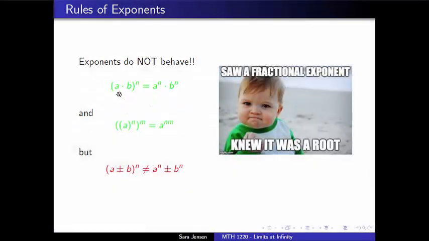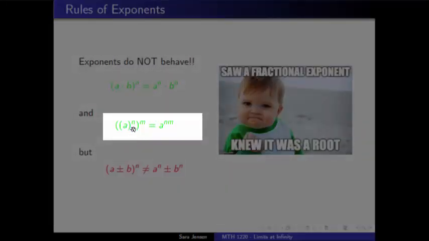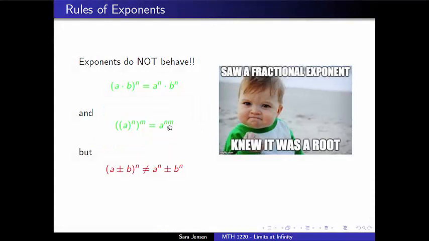So it is an exponent rule that a times b, all raised to the nth power, is a to the n times b to the n. And there are many other exponent rules that are also well and good. This one, a to the nth power raised to the mth power, is a to the n times m, comes into play where we have that t to the 4th all raised to the 1/3 power. That's the same as t to the 4/3 power.